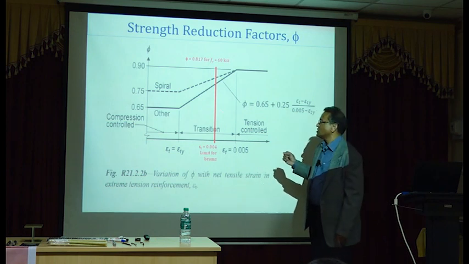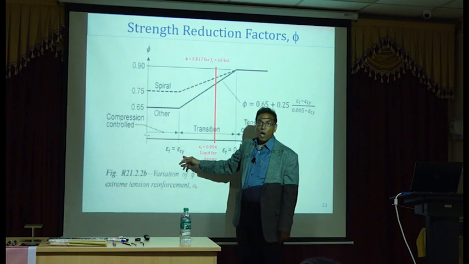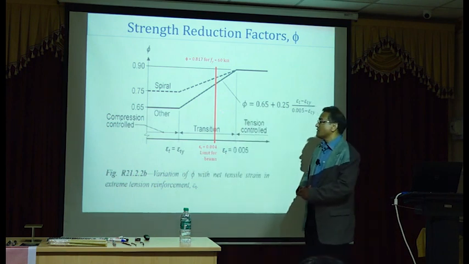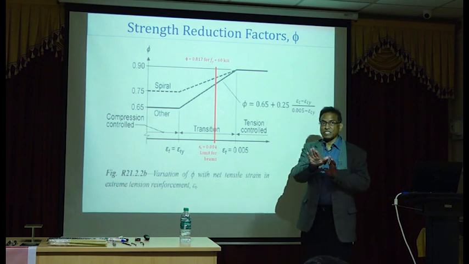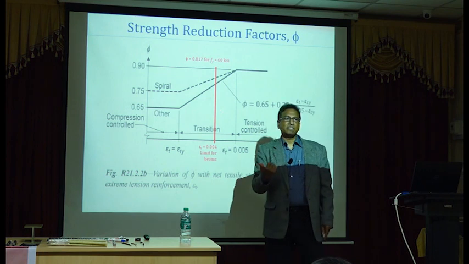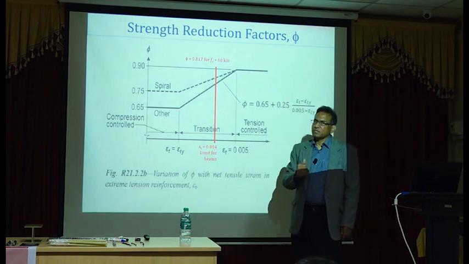So this other limit is epsilon t, which is epsilon ty. Epsilon ty is the yield strain of the steel. So for a 60 grade steel, which is about 415 MPa, what is epsilon y? About 0.002. Do you agree?